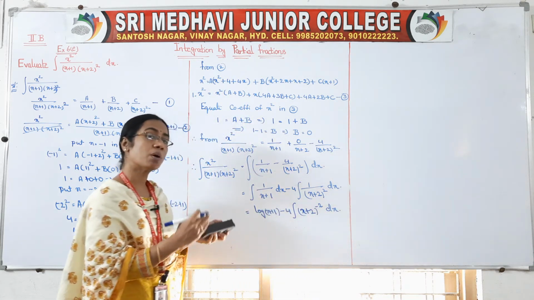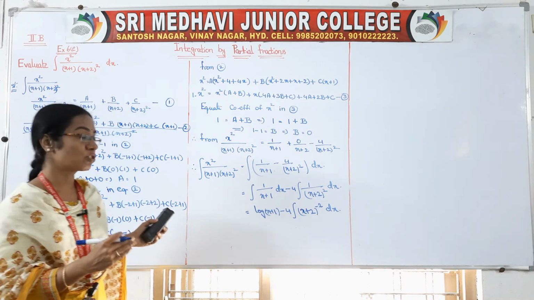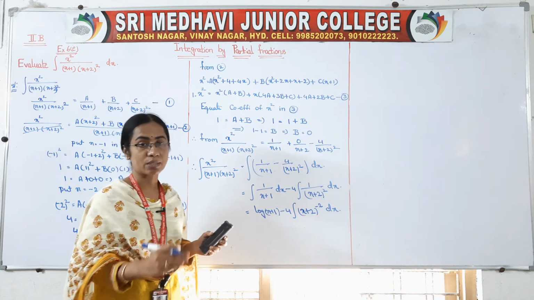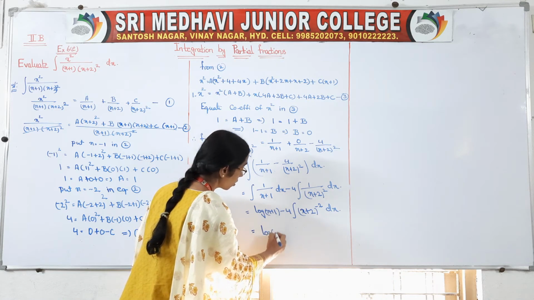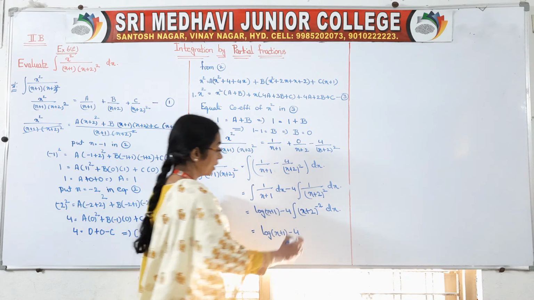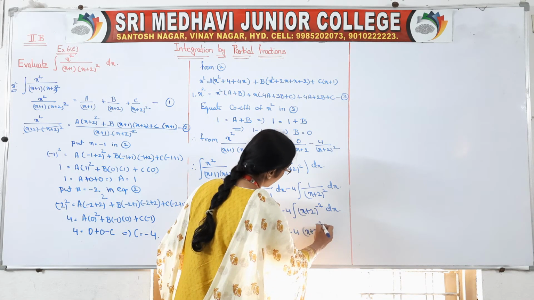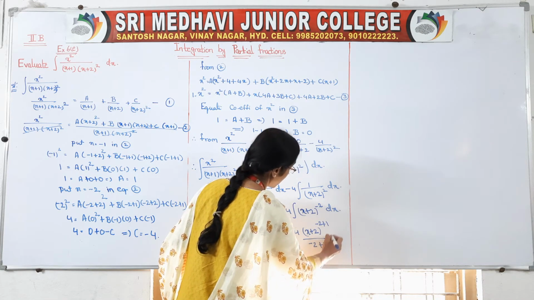So it is of the form integral x to the power of n, and integral x to the power of n is x to the power of n plus 1 by n plus 1. So it is log of x plus 1 minus 4 into x plus 2 to the power of minus 2 plus 1 by minus 2 plus 1.